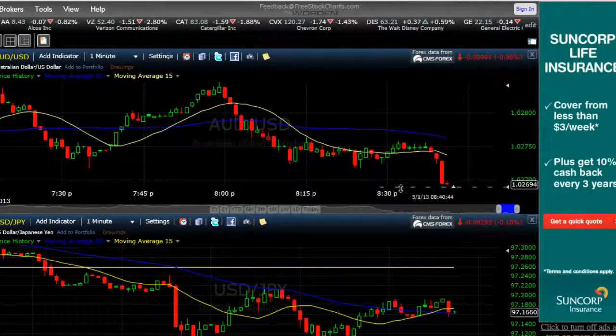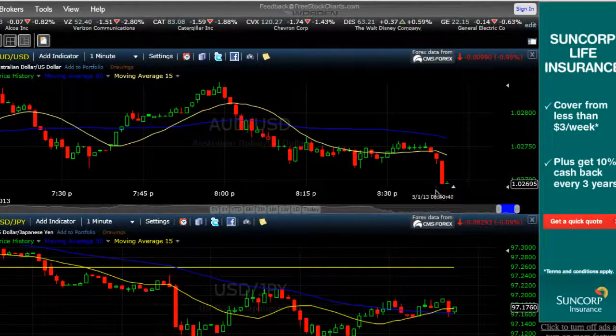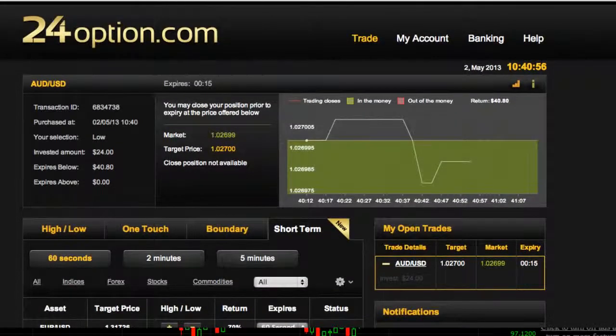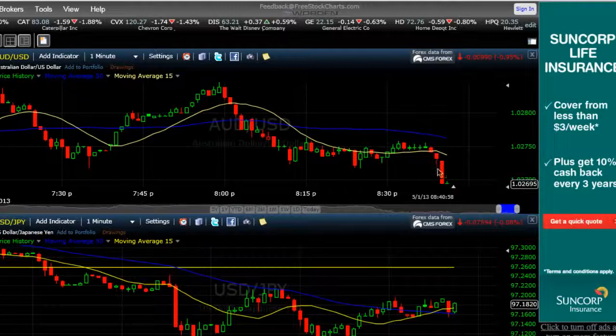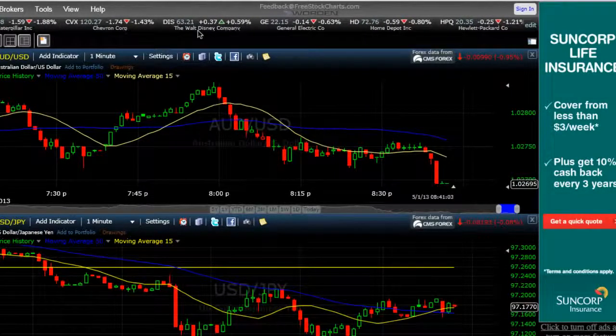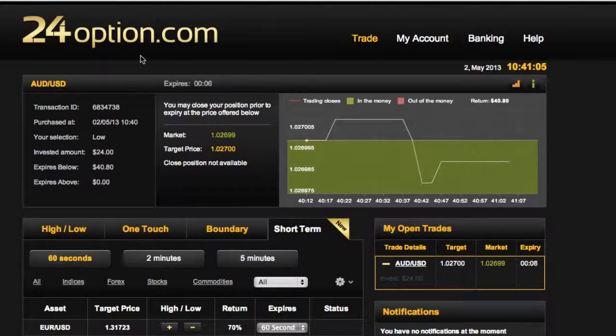It's going back up. So we've got 20 seconds to go. So we're following it here. I got in just near the bottom of this. So it looks like I'm going to win this trade. So I would actually trade again.